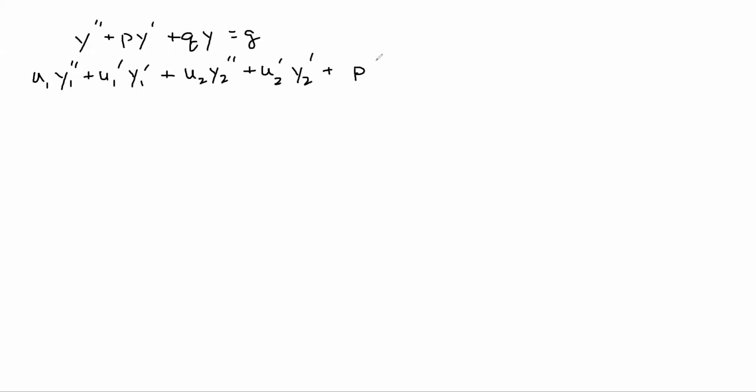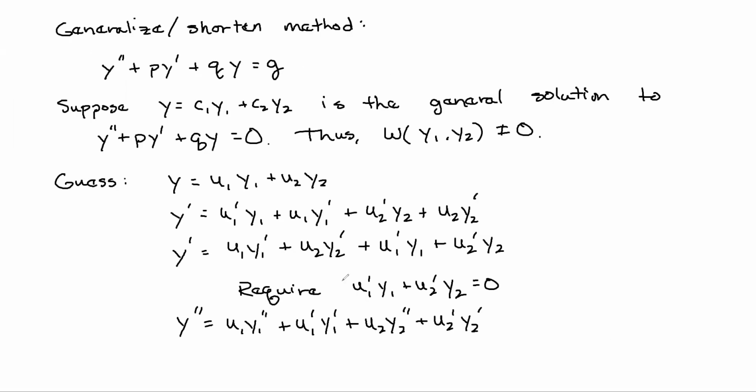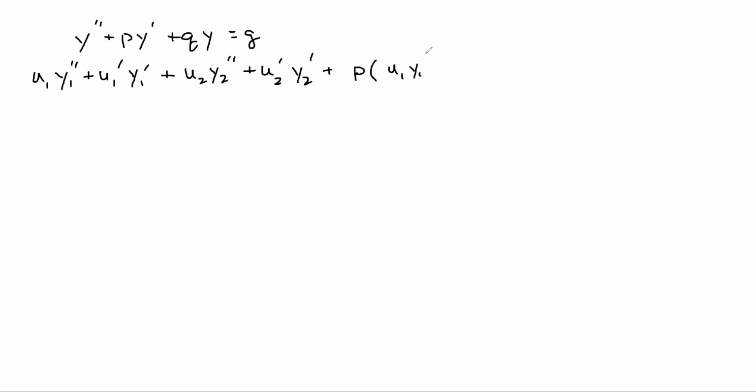Then we have plus p times this thing without the second part. So we have u1 y1 prime, u2 y2 prime, plus q times y, which is our original guess, u1 y1 plus u2 y2. And then all of that has to equal g.